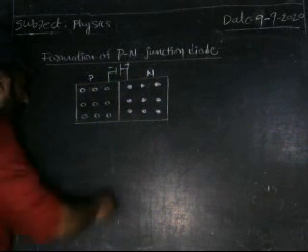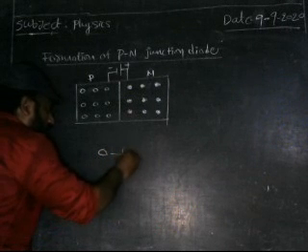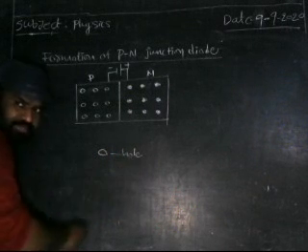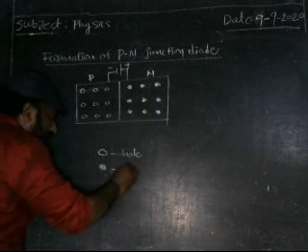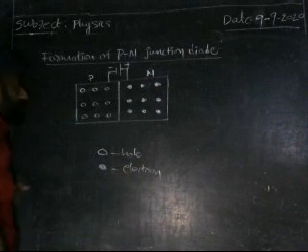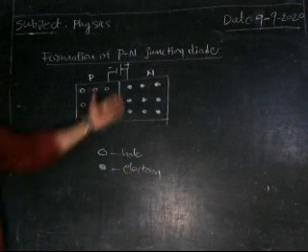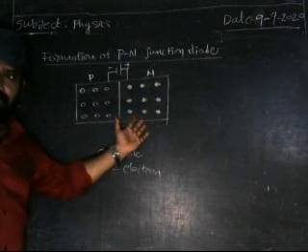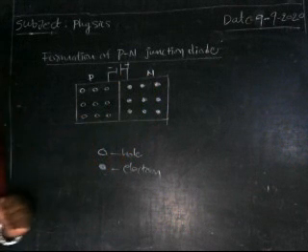Here the hole represents a hole, and this black dot represents an electron. During the junction formation, the free electrons are present in the N-type semiconductor.